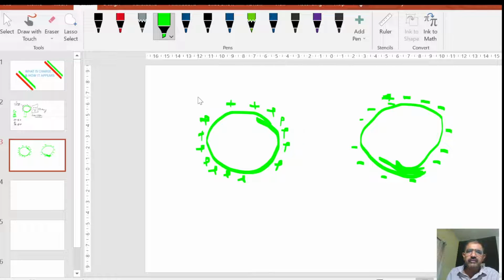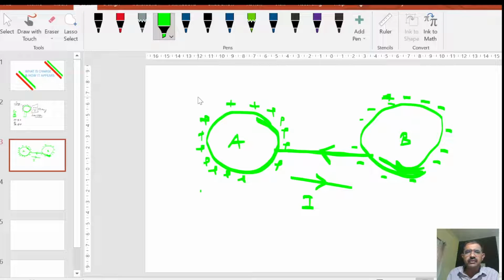If I join them with a metallic wire, now what happens? This has a scarcity of electrons and this has abundance of electrons. So, suppose this is sphere A, this is sphere B, and electrons will move from sphere B to sphere A, and finally direction of current will be from A to B.